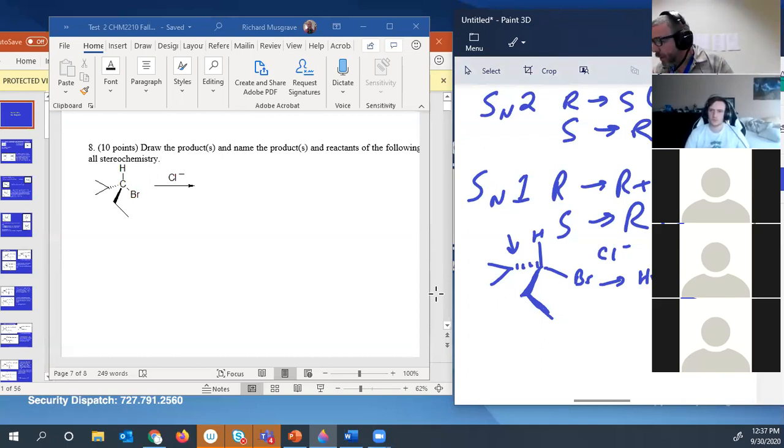This grouping up here is going to be number 2, and the grouping down here will be number 3. The reason that this grouping is number 2, what I'm pointing out with the arrow, is because it's branched, whereas number 3 is not branched. So that makes number 2 higher priority.